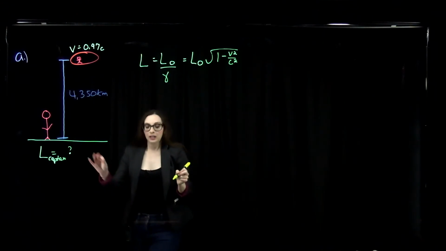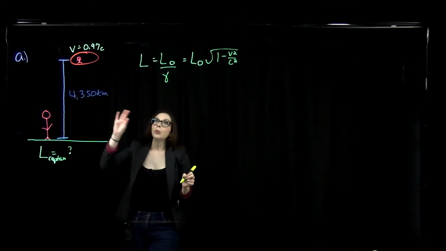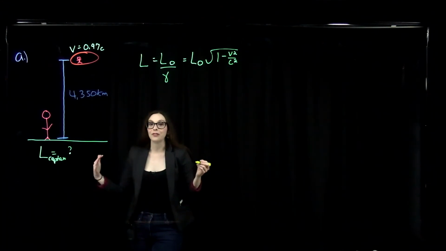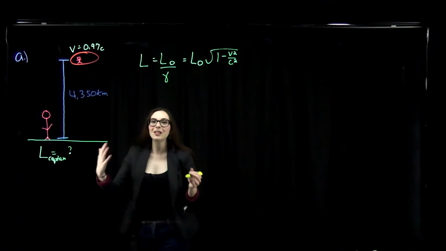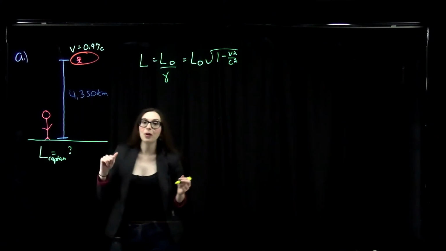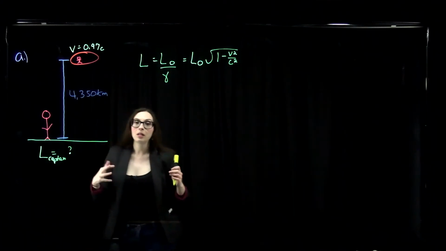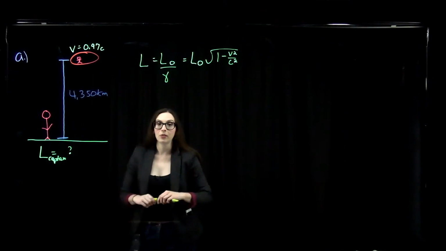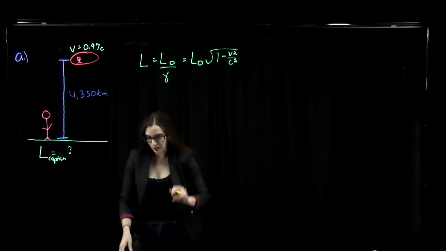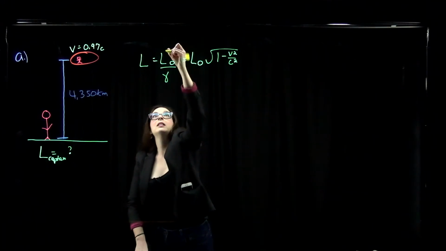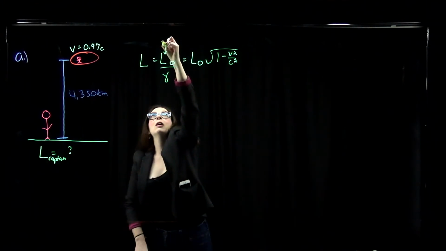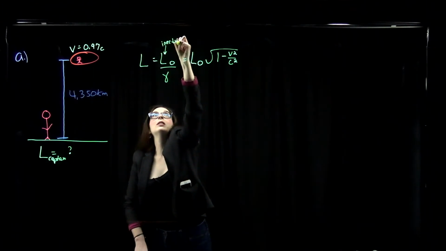Okay, now we have to decipher which of these L's are which. Which is the length in our inertial frame of reference, and which is the length from the moving observer's frame of reference in this equation here. So this L naught is what's measured in our inertial frame of reference.